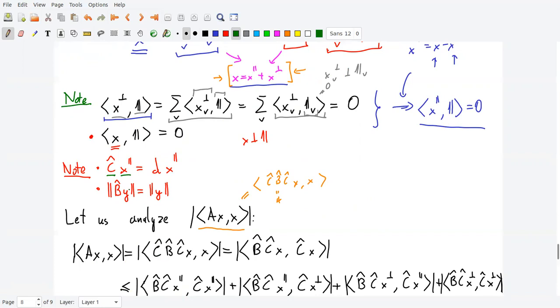Since C hat acts on every cloud separately, and the X parallel vector is parallel to all ones on each part, on every part separately I have an application on an eigenvector with eigenvalue d. So if I apply C hat on X parallel, I simply multiply X parallel by d, because it is multiplied on every cloud separately. So we have this property.